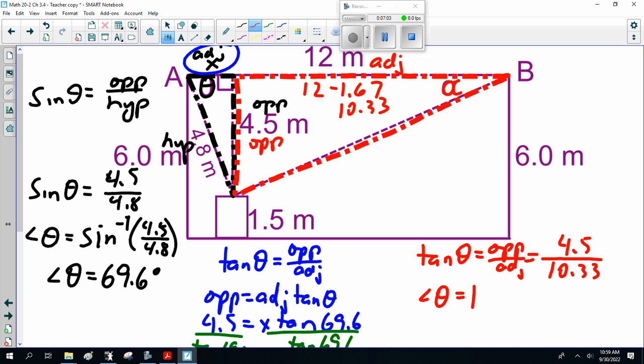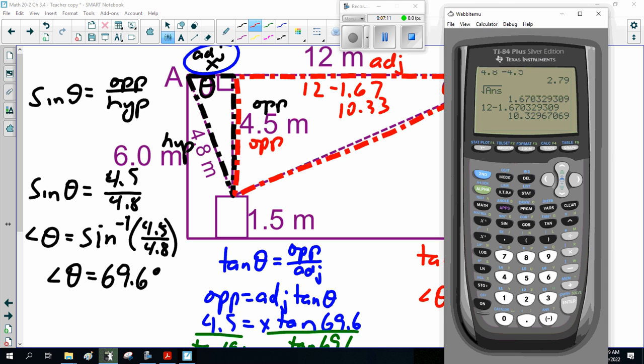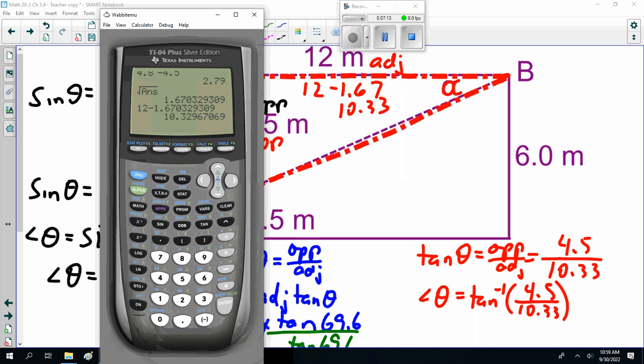Angle theta is tan inverse of 4.5 over 10.33. That becomes 23.5.